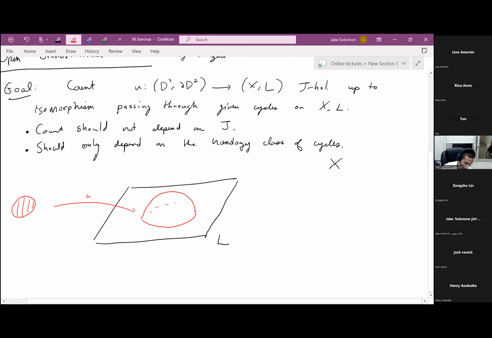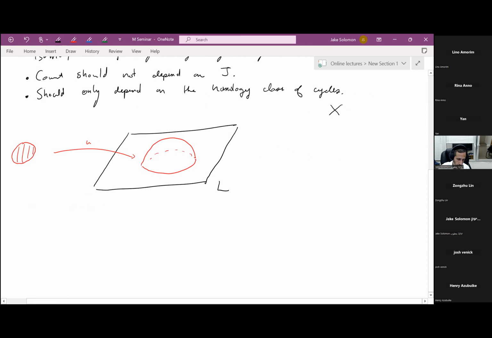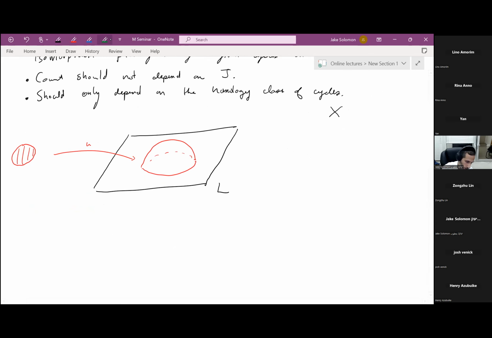It'll be a disk which has boundary on the Lagrangian submanifold L, and it may pass through some cycles on L, and maybe also some given cycles on X. And then you hope to get a finite number of such disks, and you want to count them.